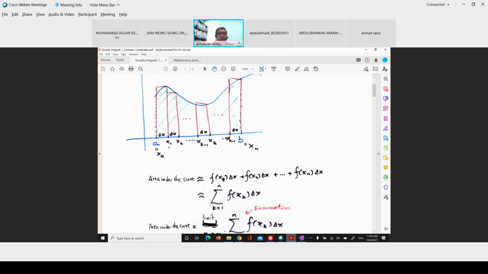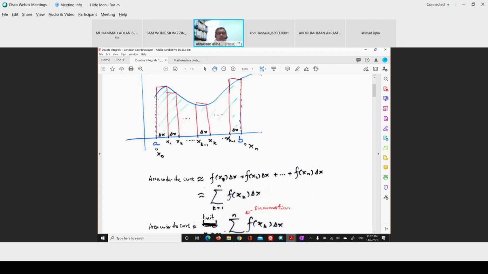So the area of the first rectangle is the height times the width, that is f of x1 times delta x. The area of the second rectangle is the height at the point x2, which is f of x2, times the width, which is delta x. And until the end, the last rectangle here.